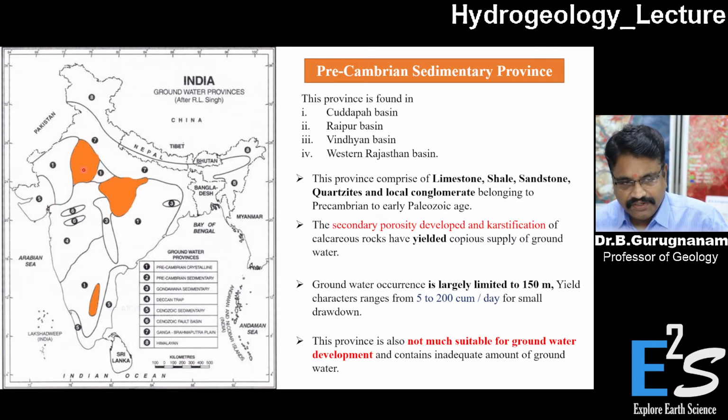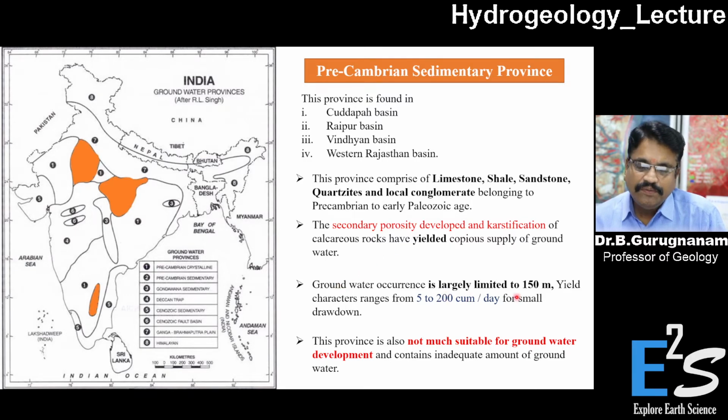This zone is present mostly in Kadapa, Chhattisgarh, Vindhyan, and the Western Rajasthan region. It is mainly composed of limestone, shale, sandstone, quartzite, and local conglomerate. Normally in this area, we expect secondary porosity developed because of the karstification process of calcareous rocks, which yields a copious supply of groundwater.